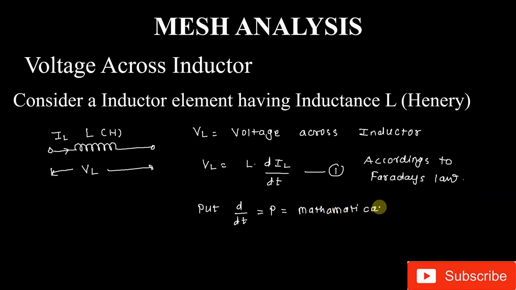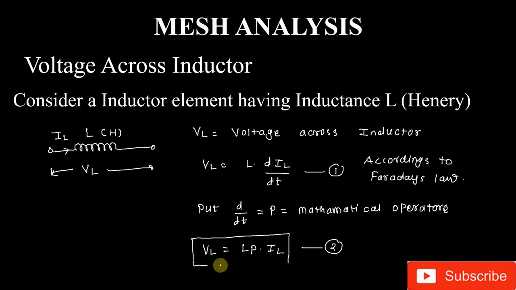If I replace this in equation 1, VL comes out to be L into P into IL, because d by dt is represented by P. That will be the actual equation of the voltage across an inductor. So you can write the voltage across the inductor as VL equals L di by dt, or VL equals LP into IL.